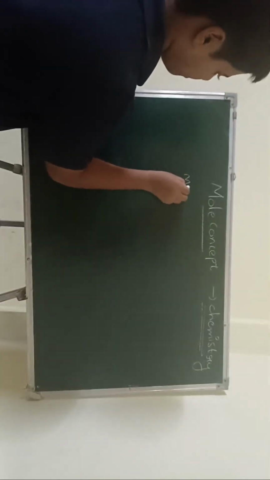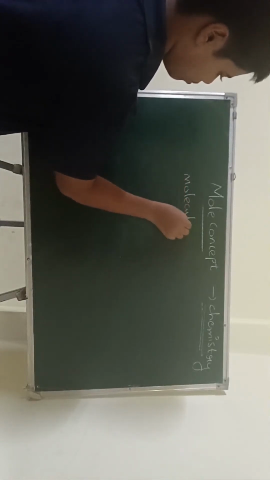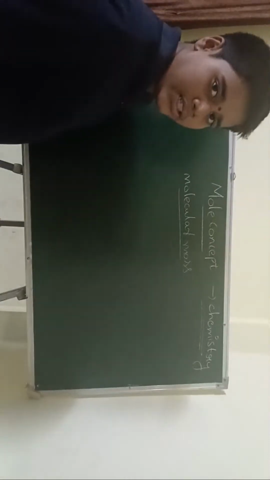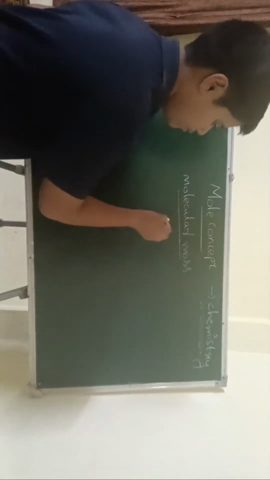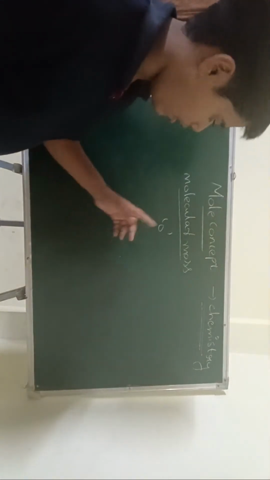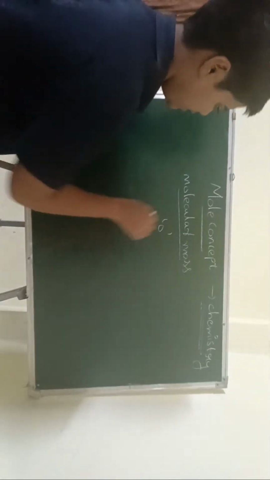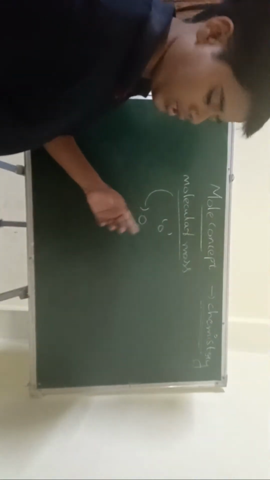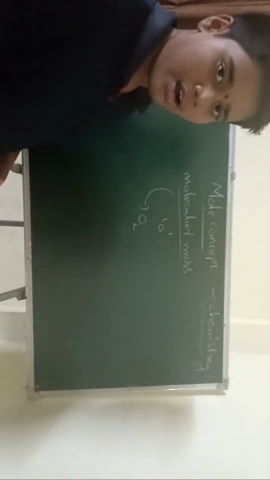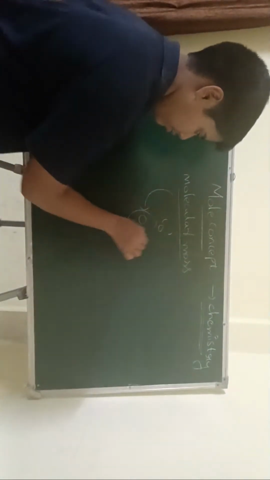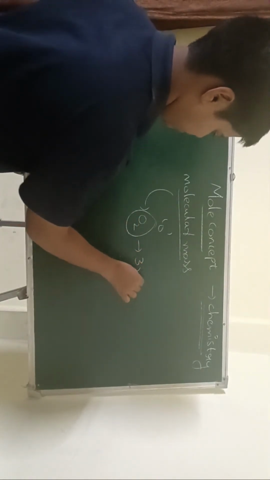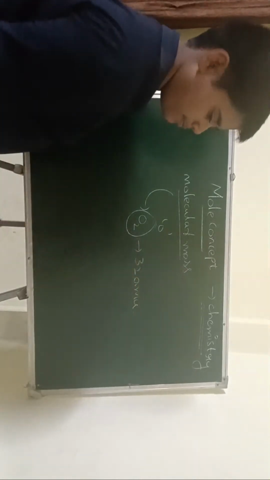And next one, molecular mass. We already learned atomic mass, which is only the mass of an oxygen atom. But in molecular mass, we have to consider O2, a molecule which is a combination of two oxygen atoms. The O2 weight is 32 AMU.